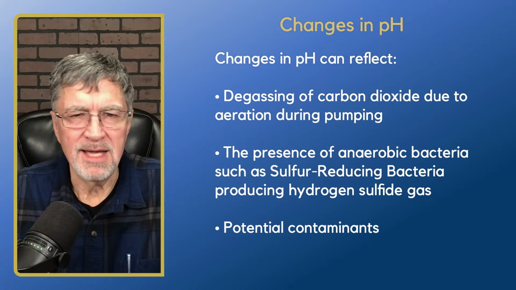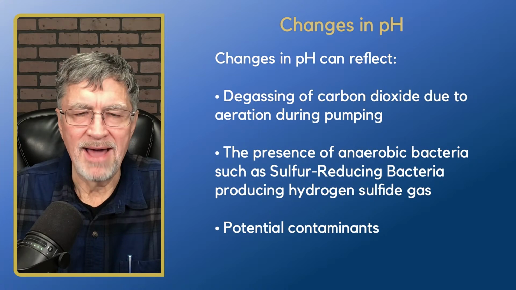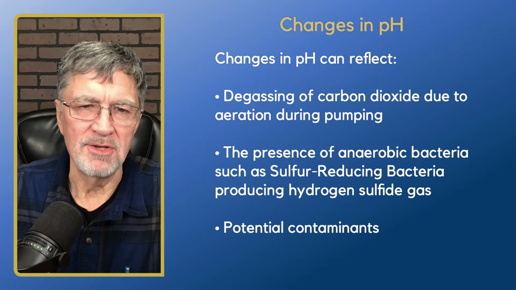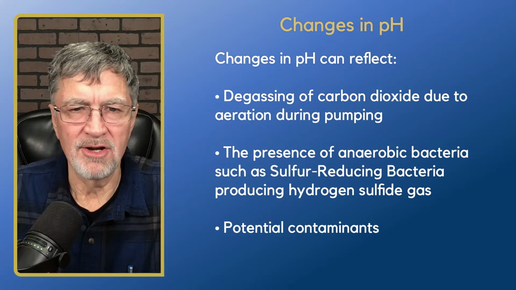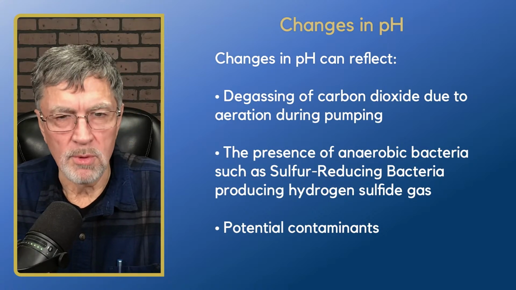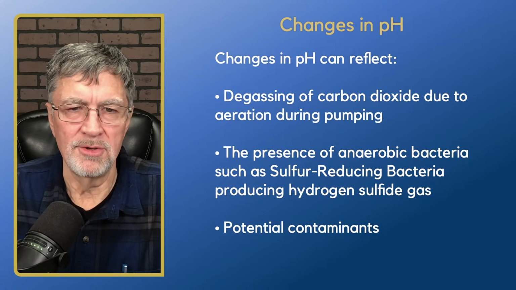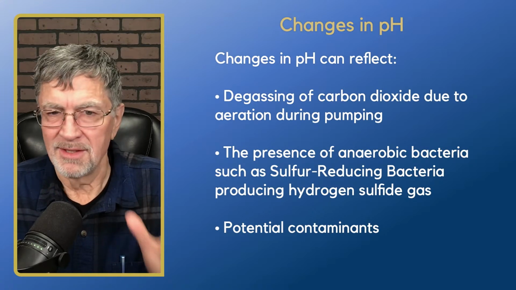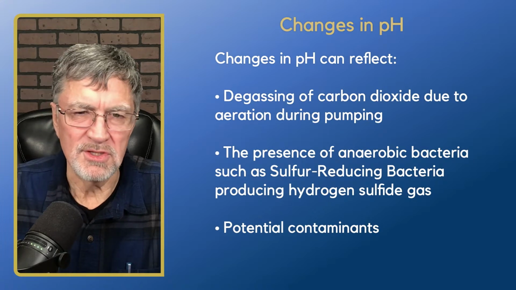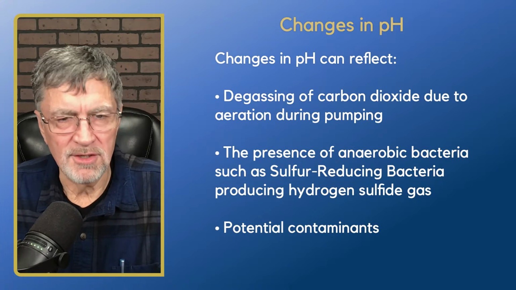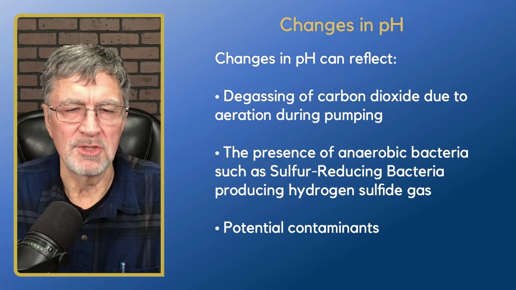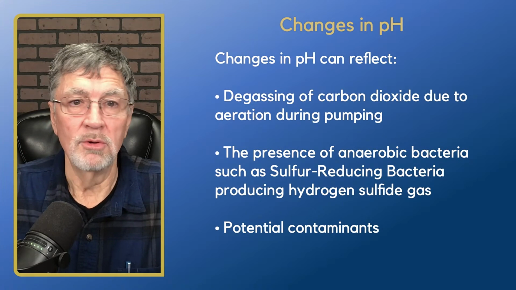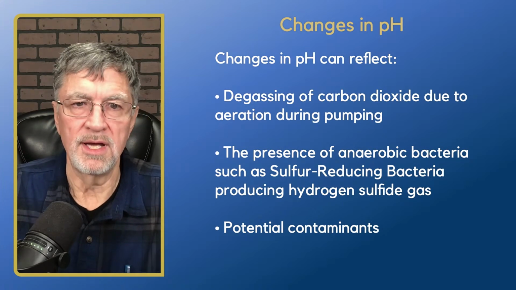So with pH, I don't recommend using pH alone as an indicator, but pH is one parameter that we use in conjunction with others that can indicate some potential problems in the well. Because, like I say, pH should be relatively stable, and if you have shifts in pH that are reasonably significant, then you really need to go looking for the possible cause of that.